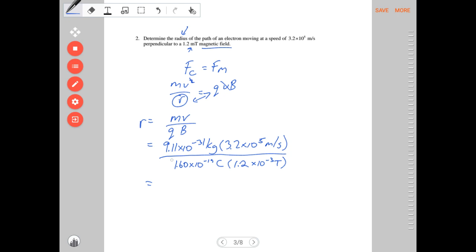Remember, on your calculator, usually you put the bottom part in brackets. Again, nothing you guys don't know. And the radius works out to 1.52 times 10 to the negative 3 meters. Fantastic. So again, it's not that you haven't seen this particular material before, it's just a new application of it.